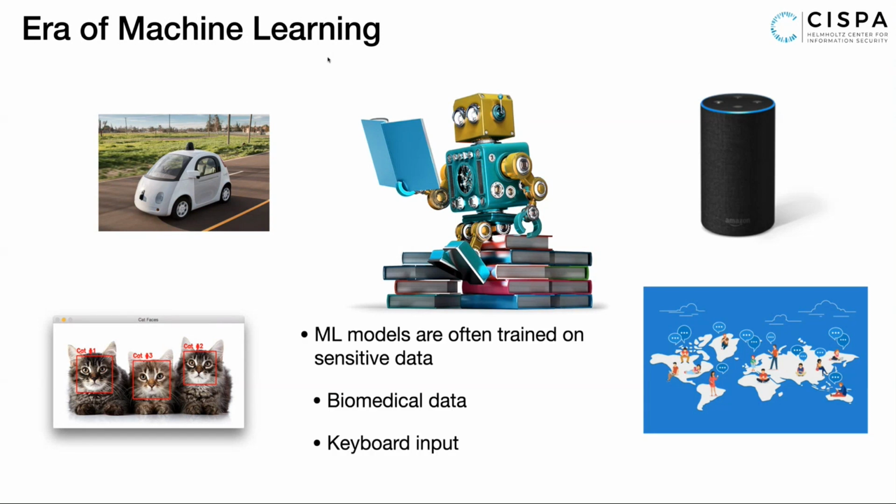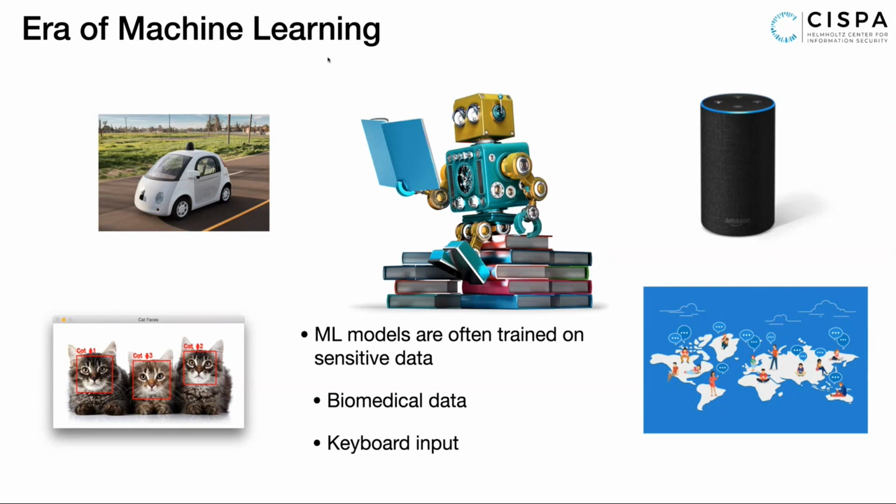For example, your biomedical data, or even your smartphone keyboard input. If you use WhatsApp or whatever messenger, you realize that if you use your phone for a longer time, your next word auto-completion becomes better, because it is trained by such models. Again, this is good because the model becomes more useful and powerful than before, and our life becomes much easier.